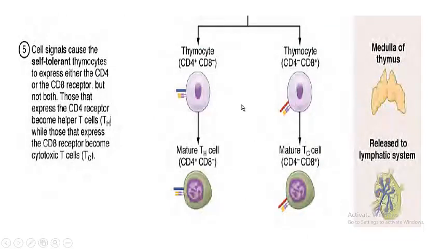Further, the cell that has been tested twice gets moved to the medullary or cortical regions, and the cell signal causes the self-tolerant thymocyte to express either CD4 positive or CD8 positive. Those expressing CD4 become T helper cells, and those expressing CD8 become T cytotoxic cells.